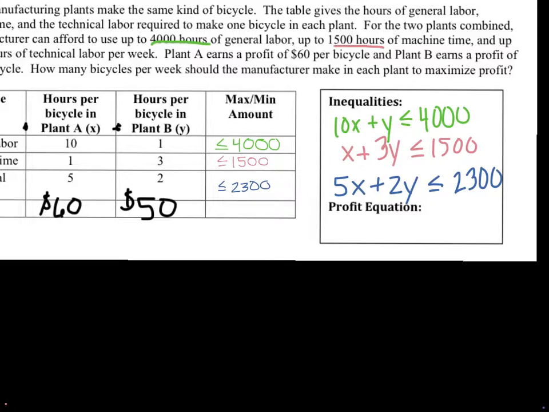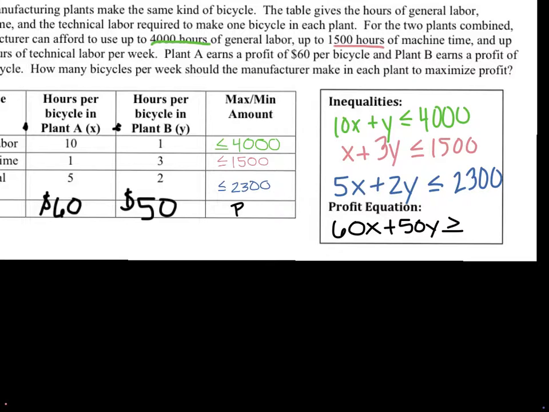And then that profit equation that we came up with, I'm just going to do P as profit. So 60x plus 50y. We want to reach our profit or make more than our profit.